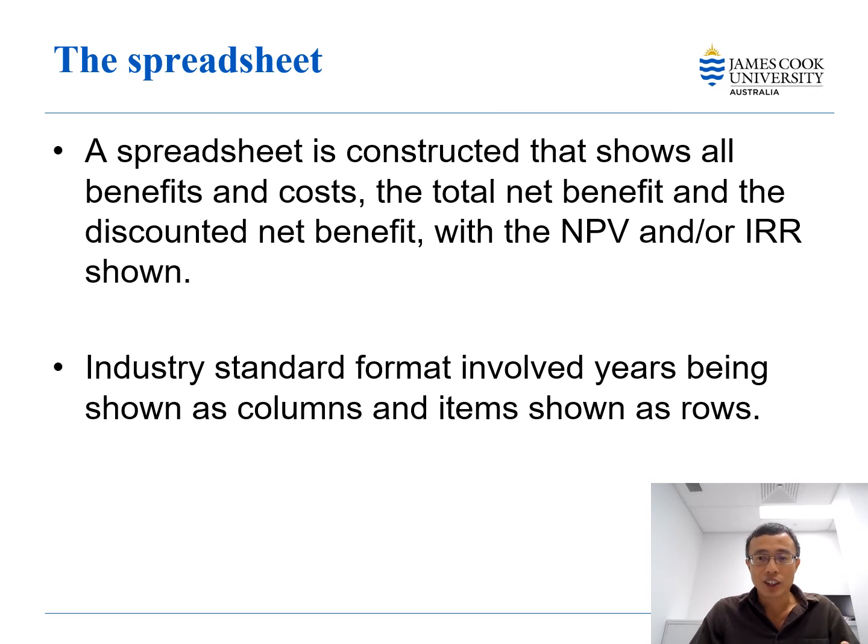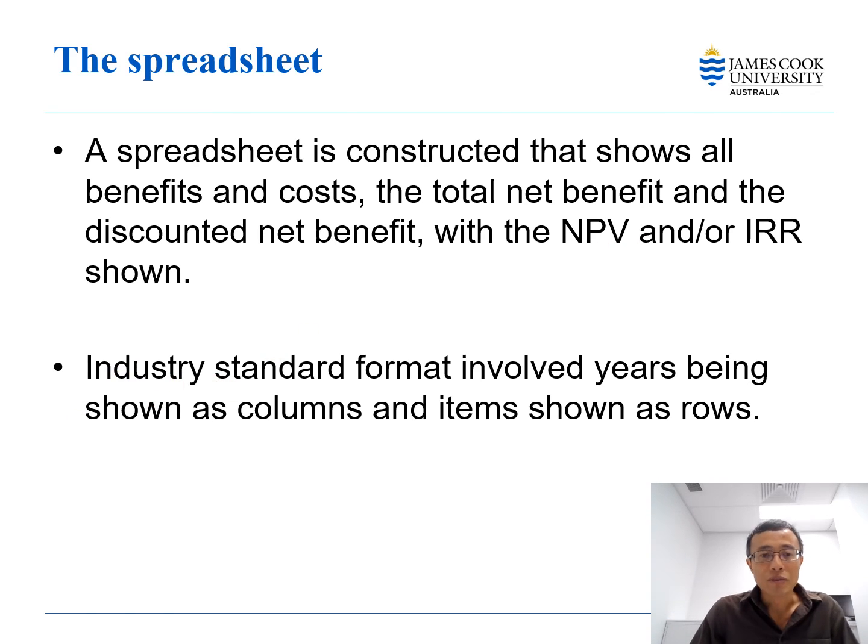All right, after this, you identify the items of benefits and items of costs. Then you put them into a spreadsheet, for example, an Excel spreadsheet, that shows all benefits and costs, and calculate the total net benefits and discounted net benefit, and compute the NPV associated with this project, or IRR, the internal rate of return of this project.